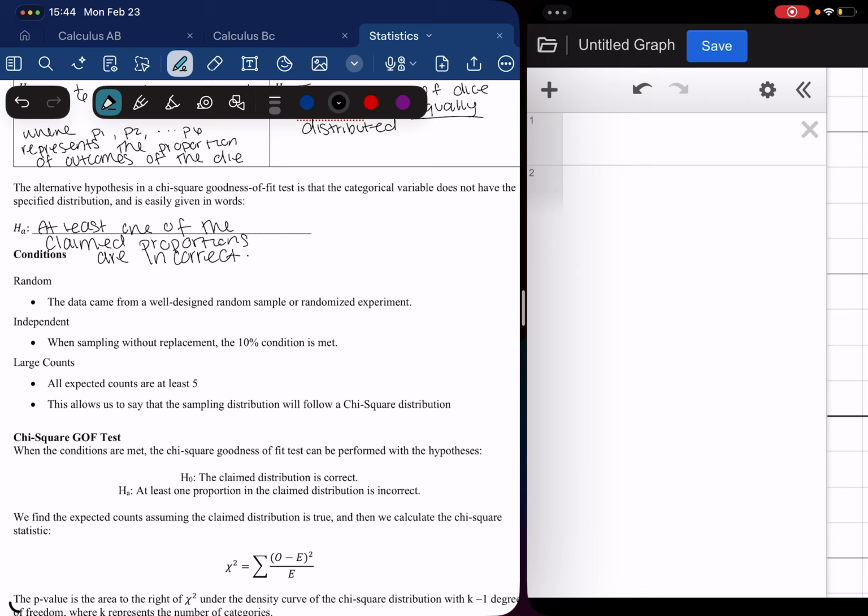Okay, so the first thing we're going to do here is our communicate. In communicate, we're going to label our hypotheses. So our null hypothesis is going to be based off that ratio that they give us. So it's a 9:3:1 ratio. Well, if I take all those numbers and add them together, I get 16.